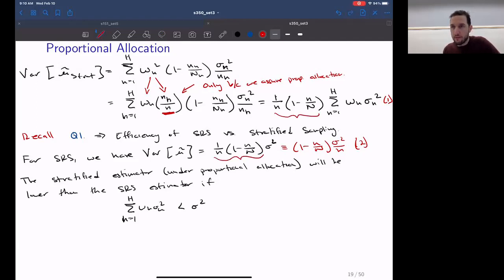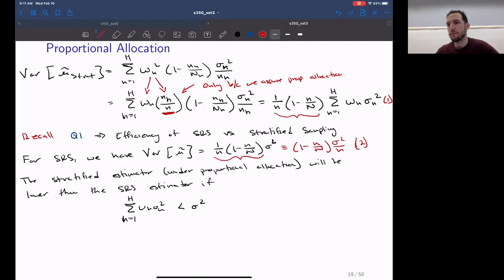And then in the stratified approach, we have the sum across all strata of WH multiplied by sigma squared H. And then in the SRS approach, we just have sigma squared. So the only difference between the two approaches is the weighted variance from each strata versus the overall variance across all observations in the population.